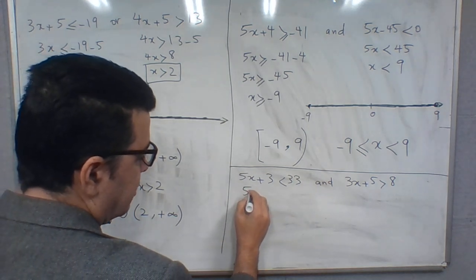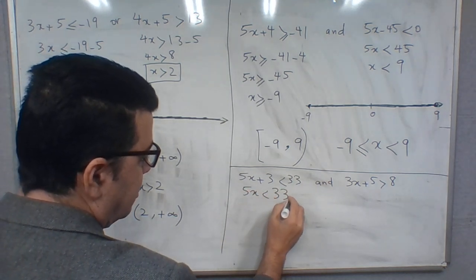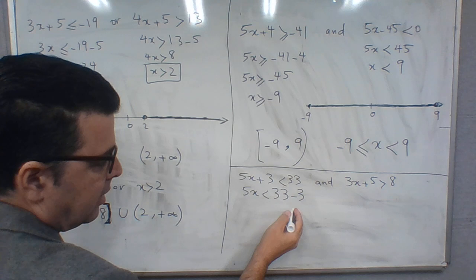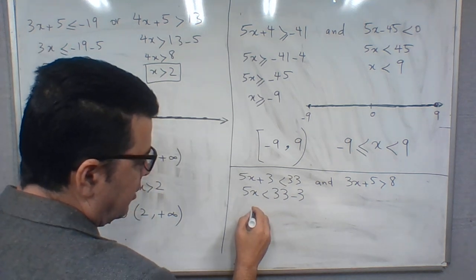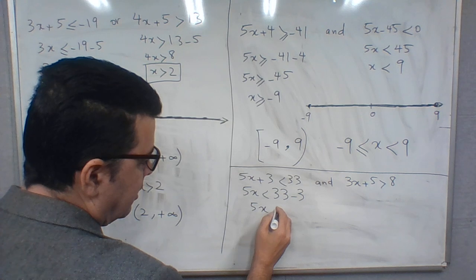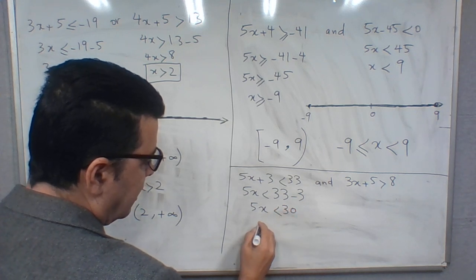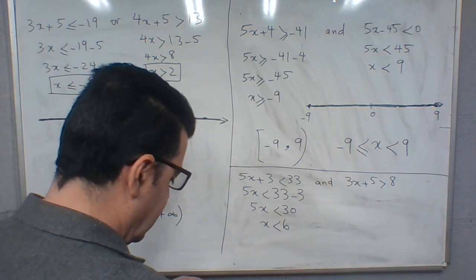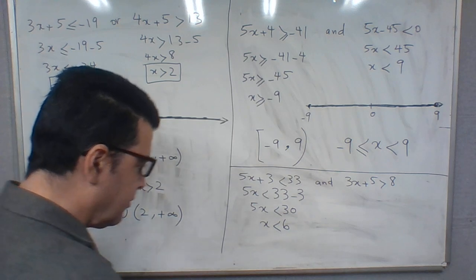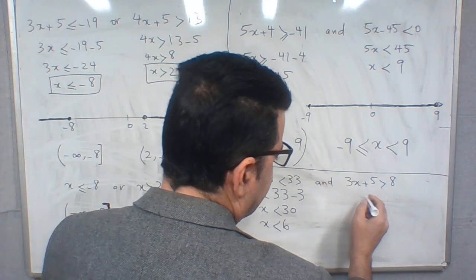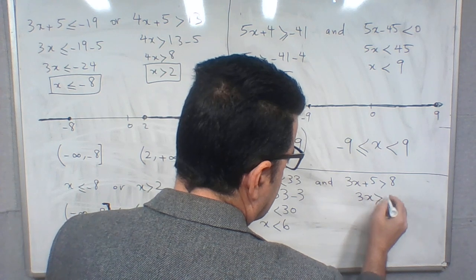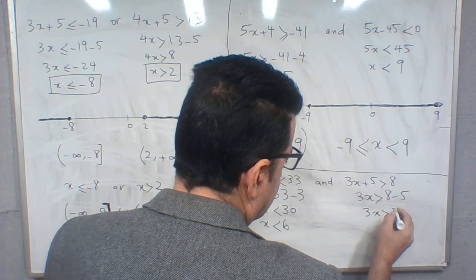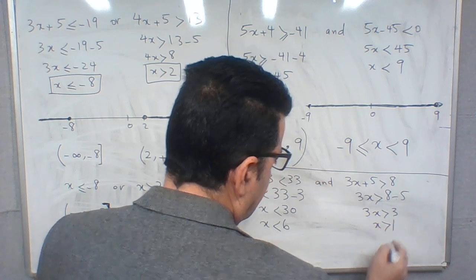So 5x less than 33 minus 3. You know that this is the 3 on the left. When it comes to the right, it becomes negative 3. So 5x less than 30, x less than 6. 30 divided by 5 is 6. And then 3x plus 5, so 3x greater than 8 minus 5, 3x greater than 3, so x greater than 1.